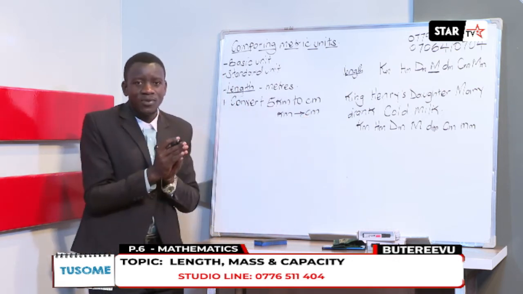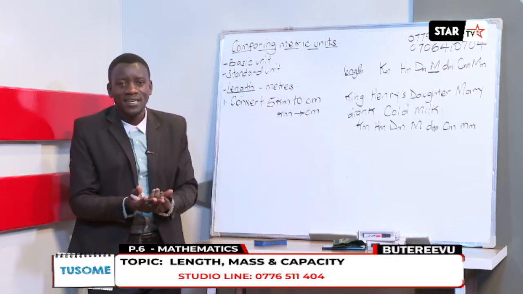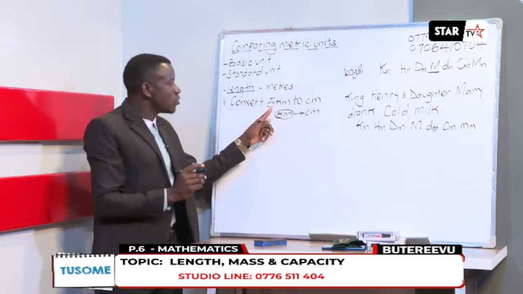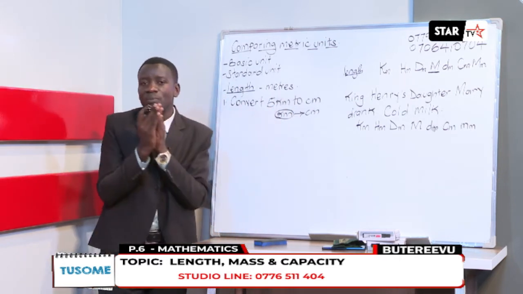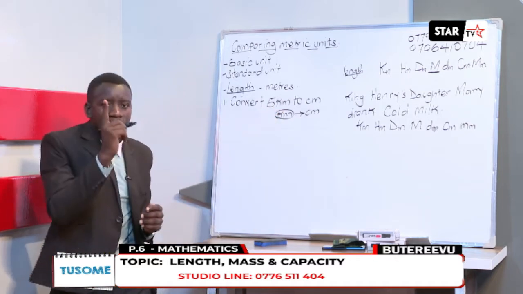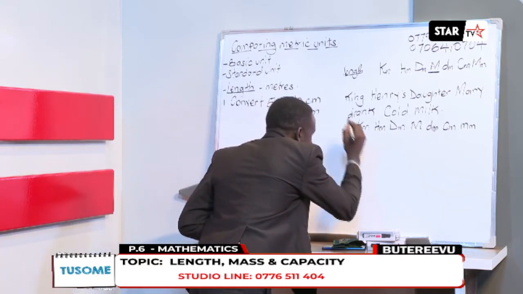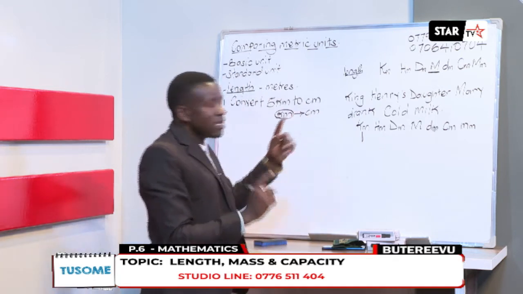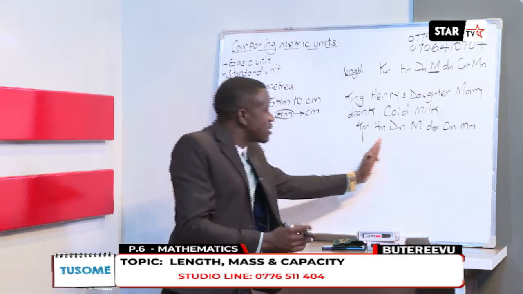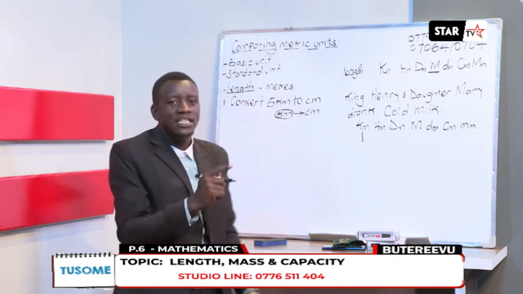The first step, when you are converting from big units to small units, we simply multiply. Now, you look for where there is centimeter. You come and put 1 under the unit we are converting from. This is 1. Then I'm taking these units to centimeters. You proceed with the scale until we get the unit we are changing to.